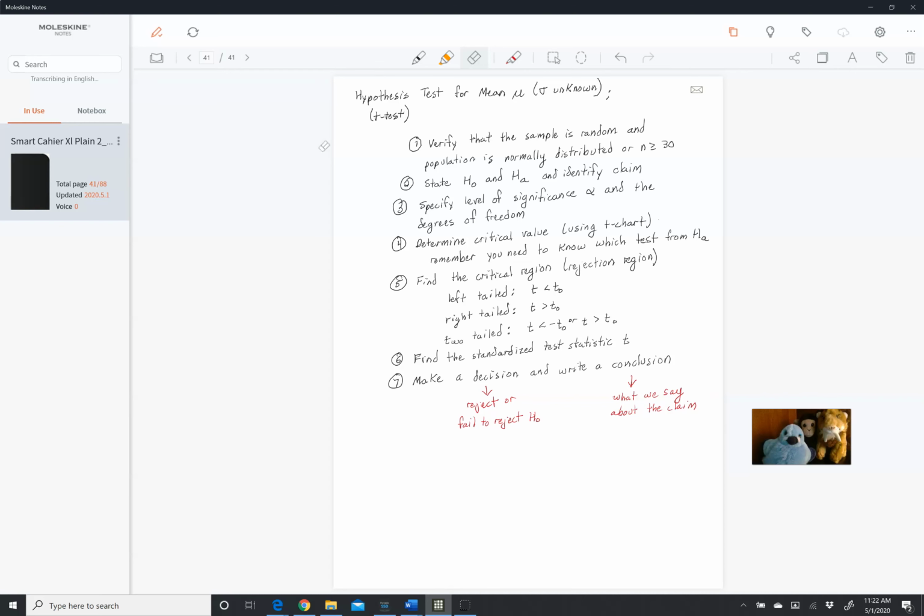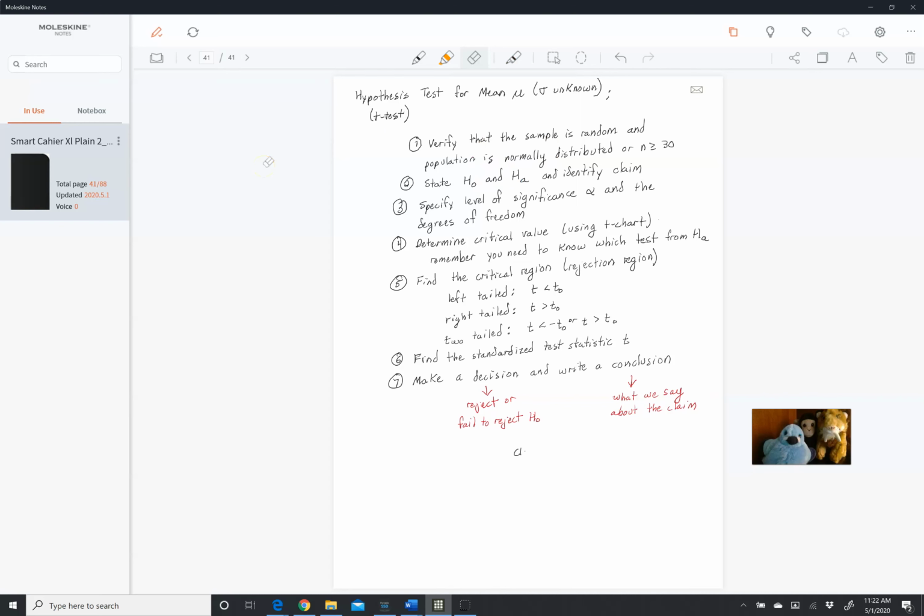But it's not that hard to remember either, because if you remember that you can only support or fail to support, then you know that if you're failing to reject the null hypothesis, that means that your alternative hypothesis you're not supporting. Because you can't accept the alternative if you're failing to reject the null.